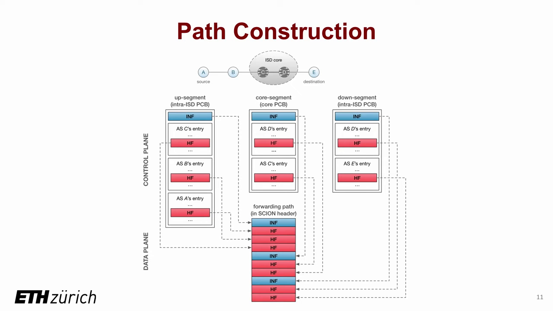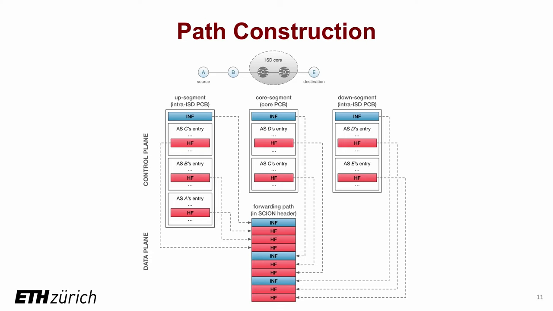Next, we're going to look at the path construction of the actual hop fields in the end-to-end path. In this example, we look at a combination of an up segment, a core segment, and a down segment. Each path segment contains an information field, as we've seen in the video on the control plane. The information field contains information such as the timestamp, as well as the isolation domain number.